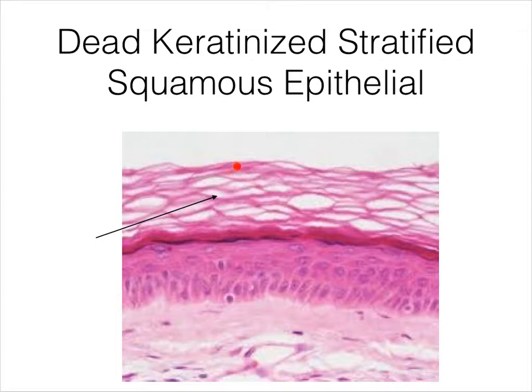And then at the top, you have these cells that are empty and don't have any nuclei in them, indicating that they're dead cells. And of course, it's facing this luminal empty area, indicating that it's epithelial tissue. And really the only top layer of dead cells that you'll have facing a lumen is usually going to be dead keratinized stratified squamous epithelium.